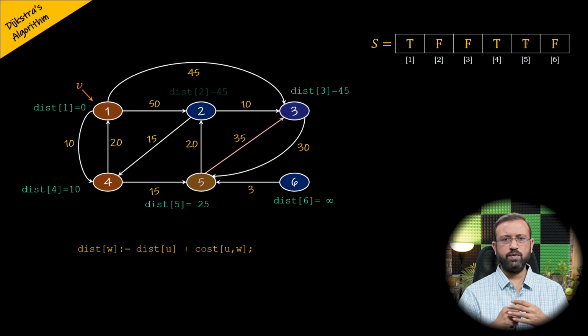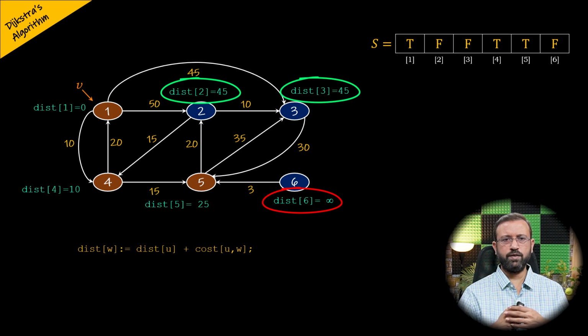In the next step, we choose a vertex u whose distance is minimum and is not in set S. So at this point, the minimum distance is 45 of vertex 2 and vertex 3, and vertex 2 and vertex 3 are not in set S because S of 2 and S of 3 are false. Therefore, we can choose any vertex among vertex 2 or vertex 3.